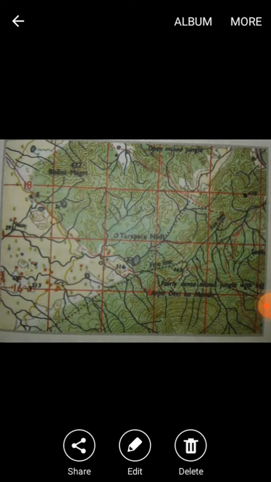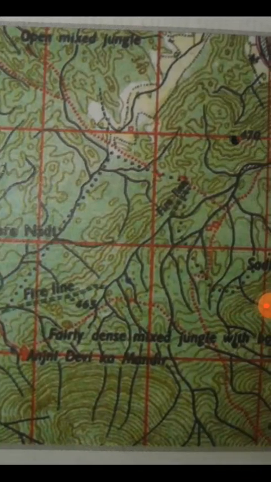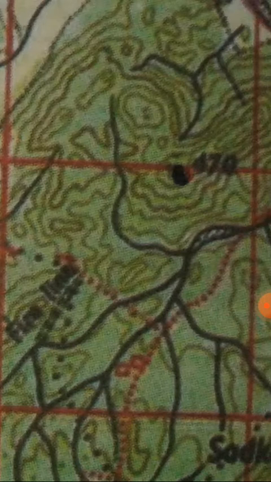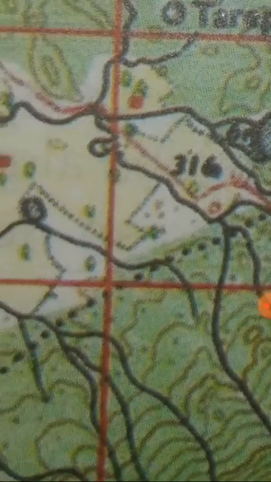For example, at this point there is 470 with a dot, but here there is none. As another example, 313 with a dot, it is a spot height.